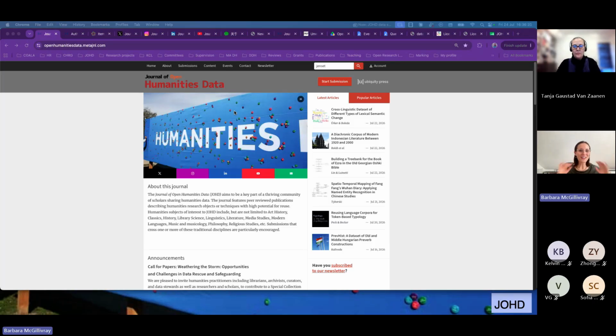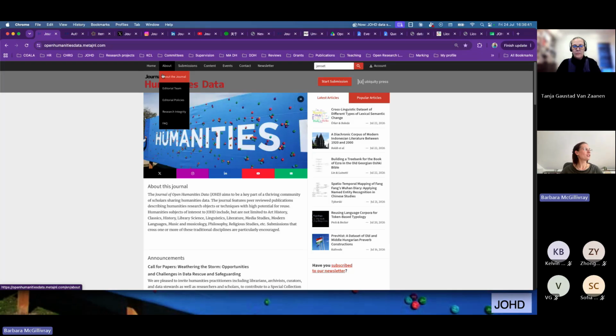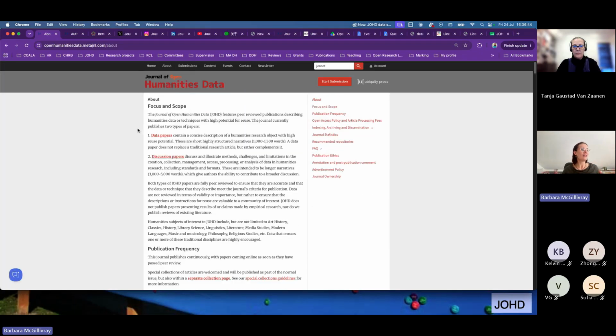And you'll hear more about the details of this from Tanya, but just as a brief overview, we publish two types of papers. Data papers are short descriptions of data sets, so openly available research outputs or research objects.